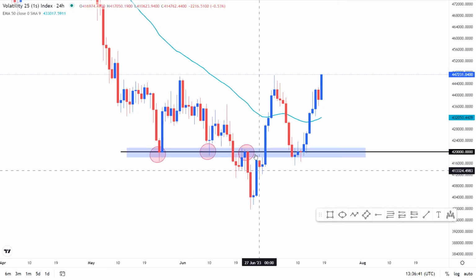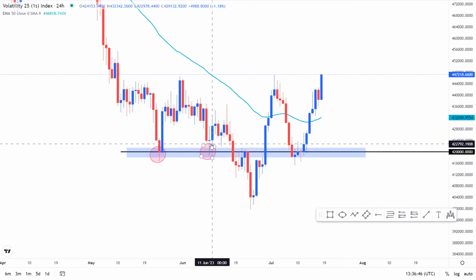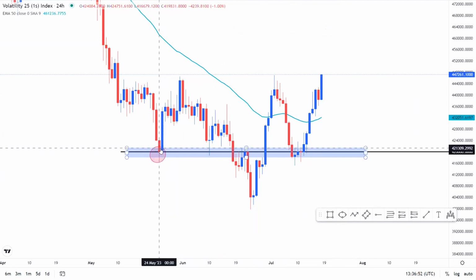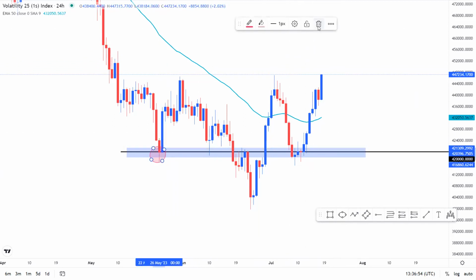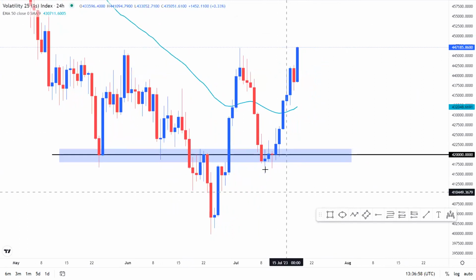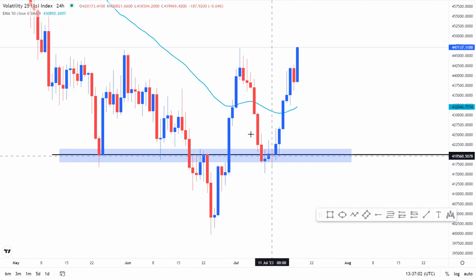And then also confirming the potency of the level was the fact that we started seeing a shift in momentum. Now, guys, this is where you want to pay attention to the price action.